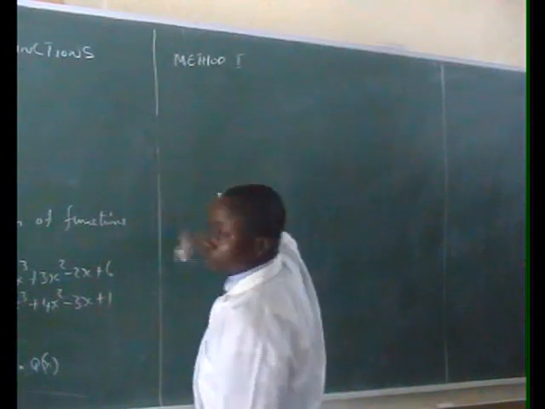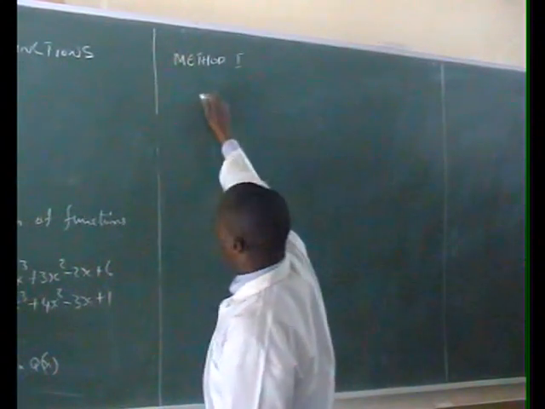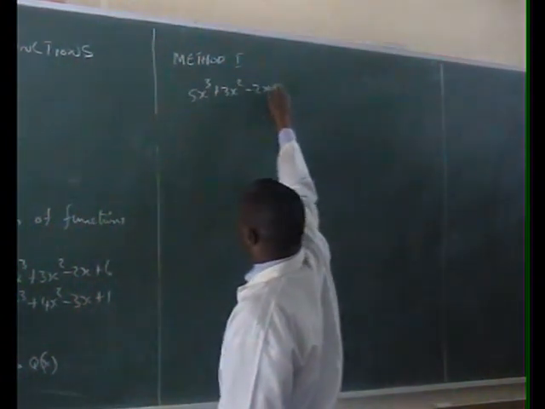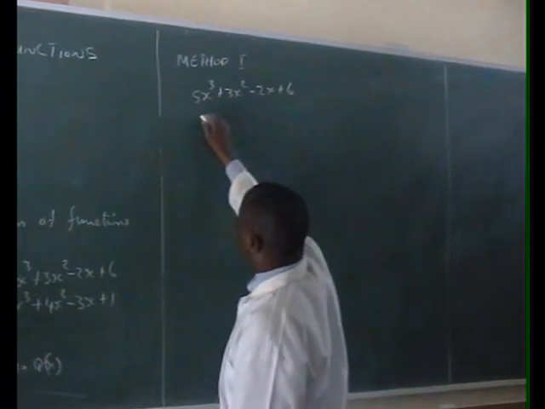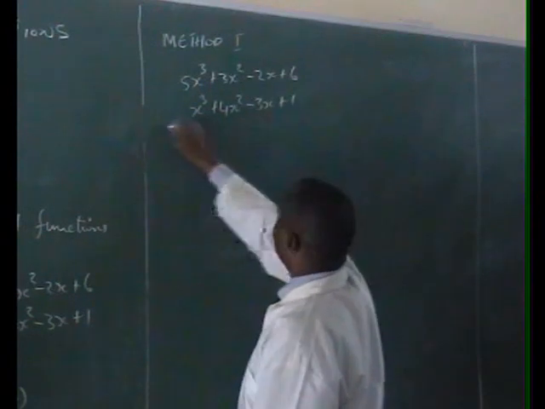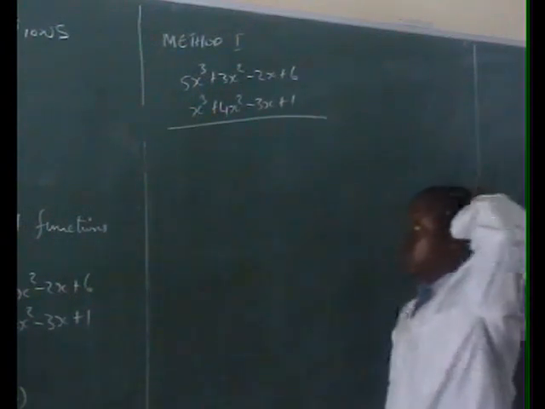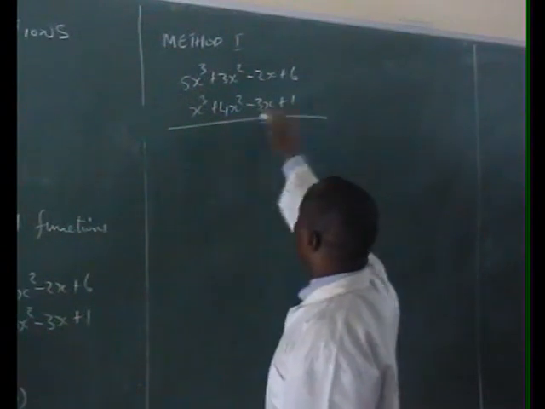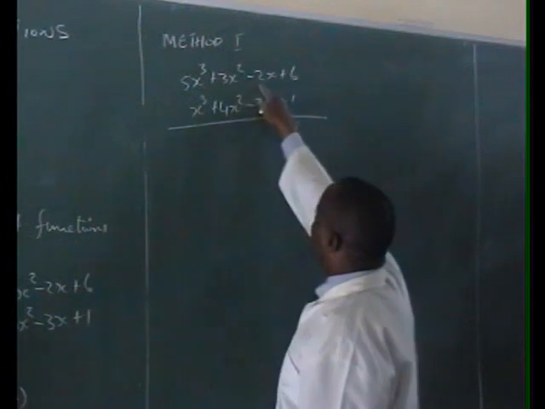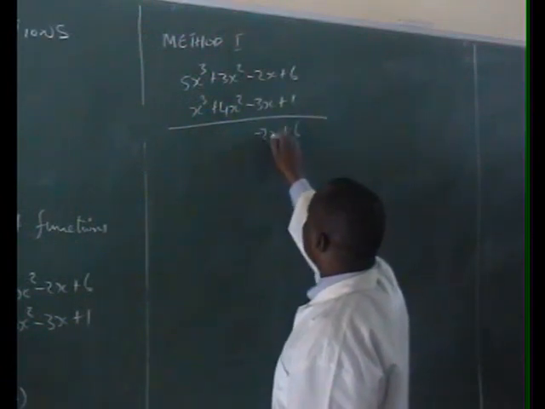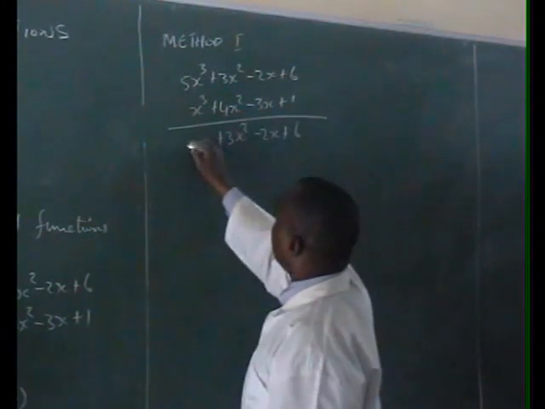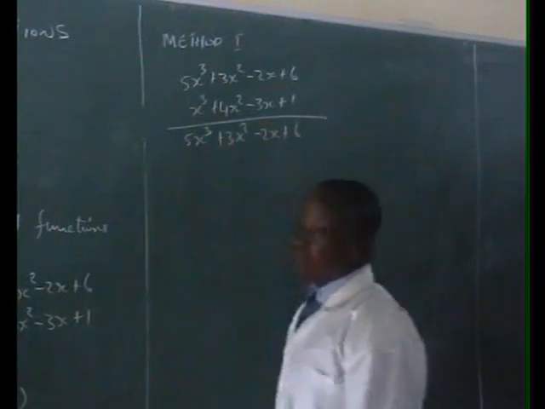Method 1, you can do it in the same way we can arrange the numbers: x cubed plus 4x squared minus 3x plus 1. You can put it this way. So in this particular way, 1 times 6 will give us 6. 1 times minus 2x will give us minus 2x. 1 times 3x squared will give us 3x squared. And then of course this will have 5x cubed.